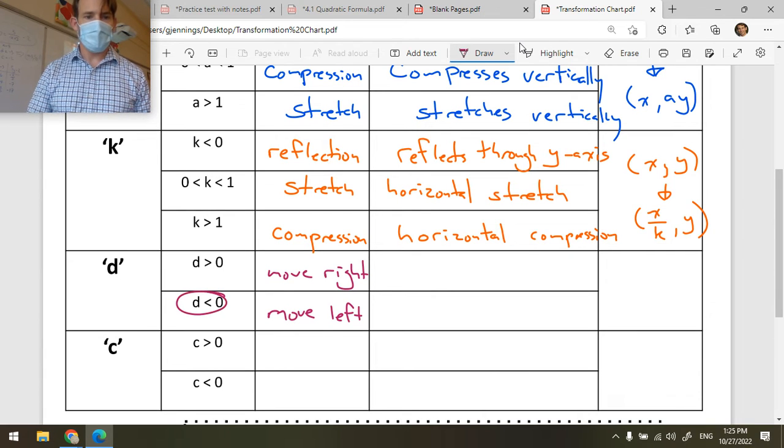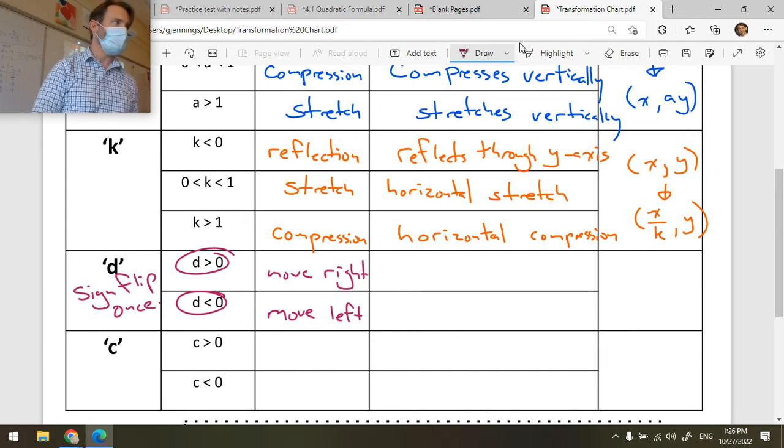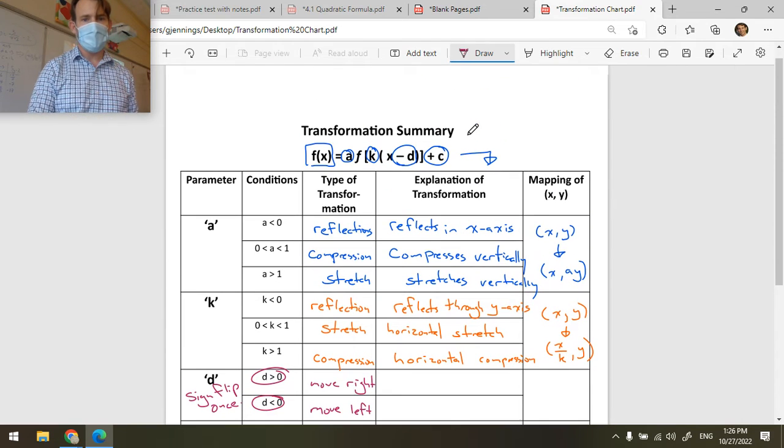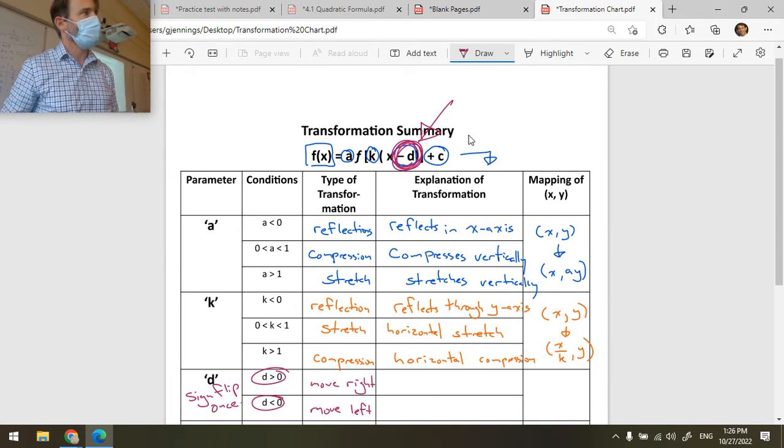But there's an important thing to remember here. We have to sign flip exactly once. Don't sign flip twice, because that's the same thing as not sign flipping. So sign flip once. What do I mean by that? I mean that when we look at D, we think about it as having it sign flipped in the formula. That's how I've been trying to talk about it.